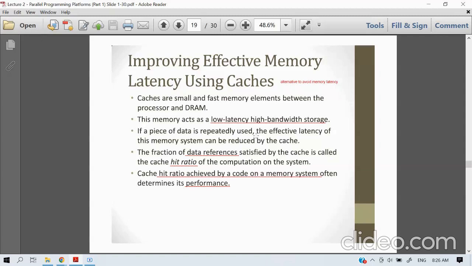The fraction of data references satisfied by the cache is called the cache hit ratio of the computation on the system. The cache hit ratio achieved by a code on a memory system often determines its performance. So the hit ratio will determine the performance of the cache.